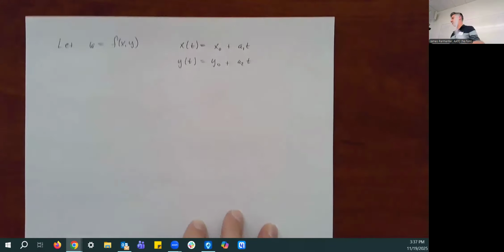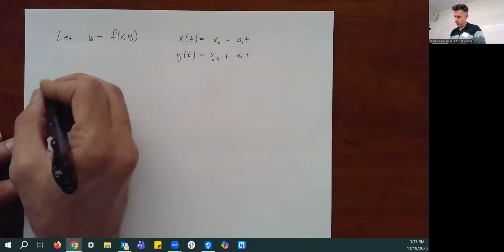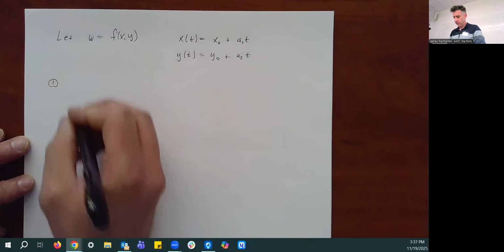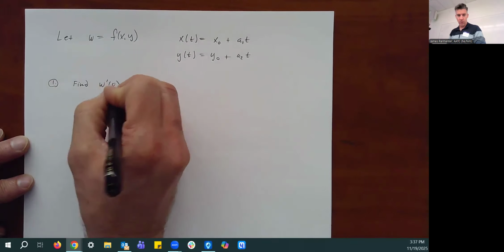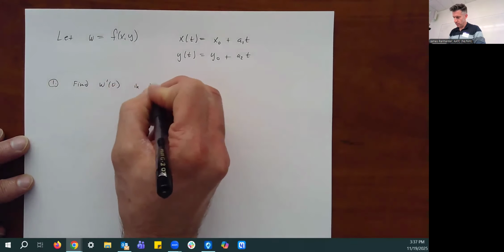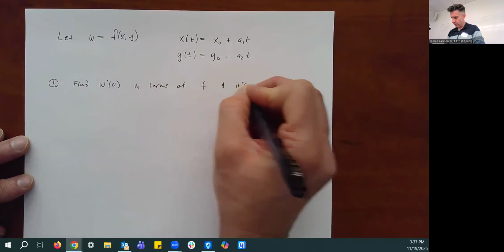No numbers is never my preferred option here. So question one: find W prime of zero in terms of the function F and its derivatives.